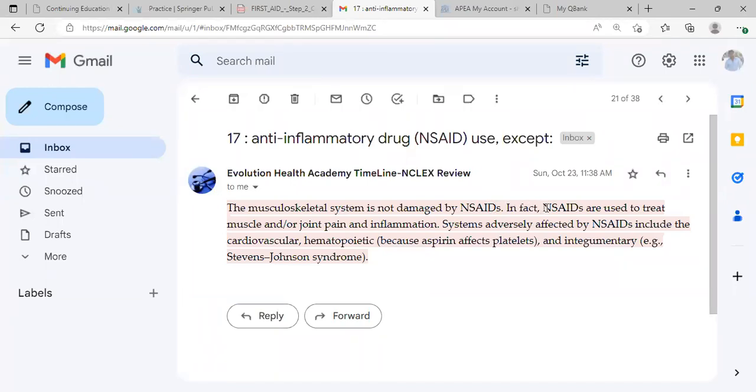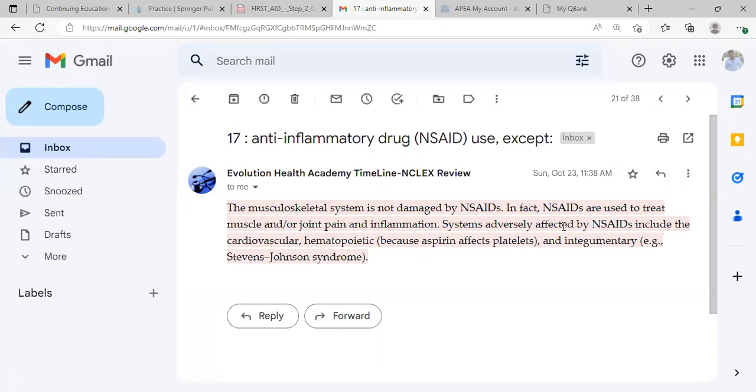In fact, NSAIDs are used to treat muscle and joint pain and inflammation. So musculoskeletal problems cause joint pain and inflammation. NSAIDs reduce the pain and reduce the inflammation.